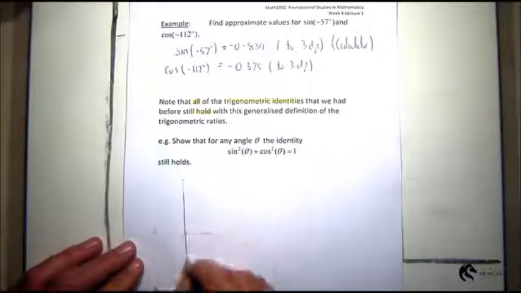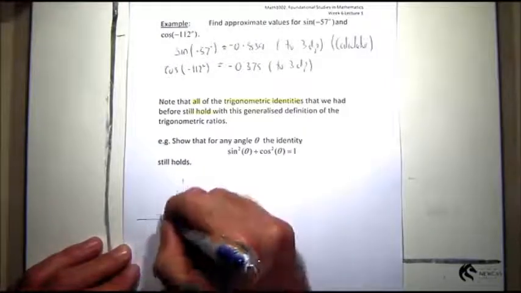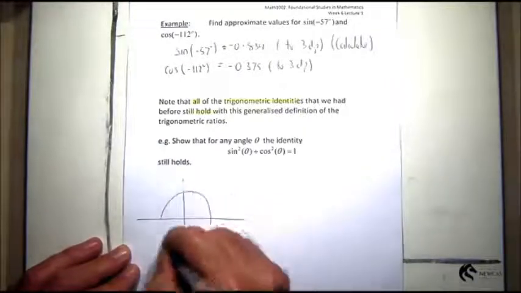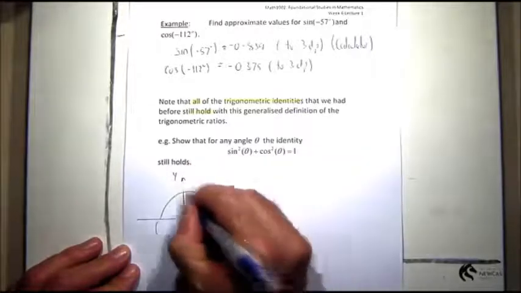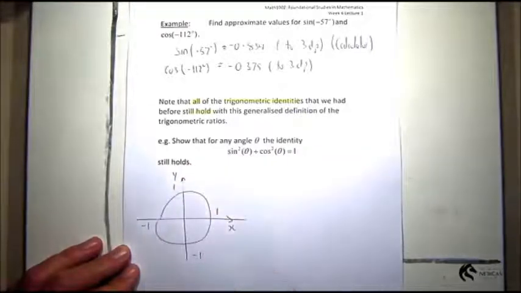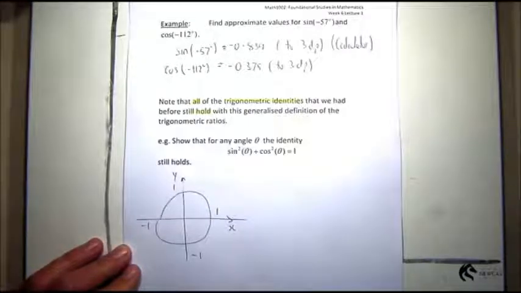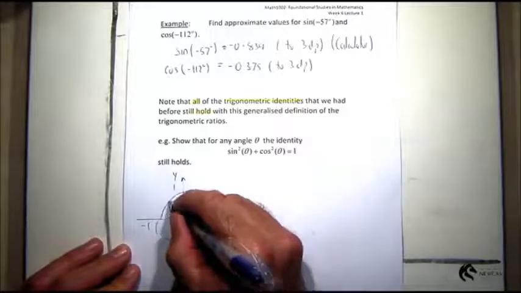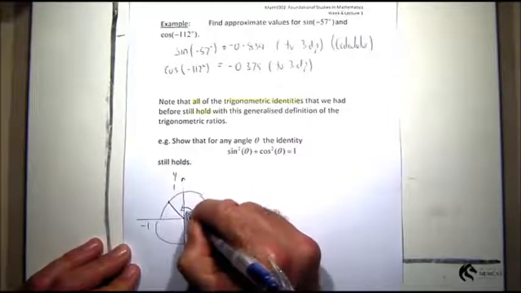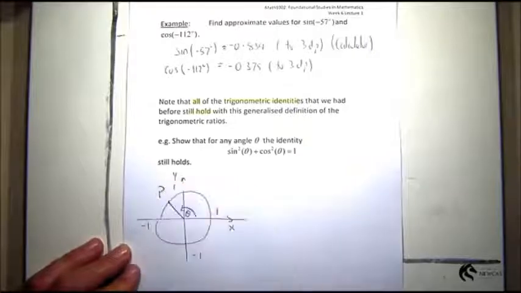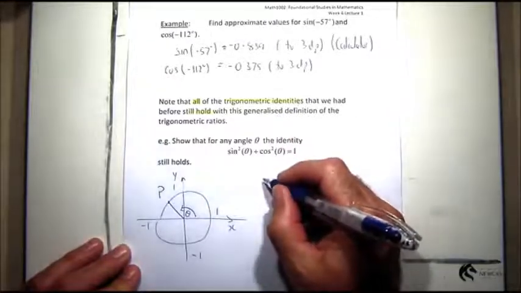So what I can do, for example, if I've got a circle, a unit circle, use your imagination if you would. 1, 1, minus 1, minus 1. So this is the unit circle. Let's pick an angle, say, in the second quadrant, here. So there's angle theta. Here's point P. Okay.